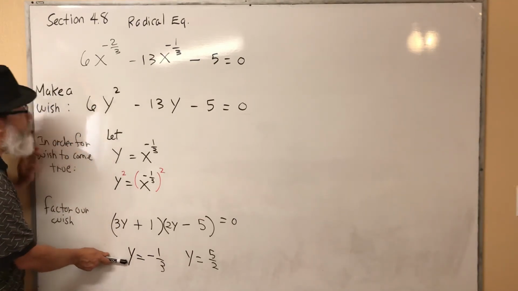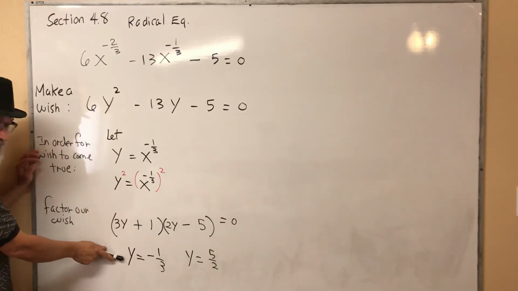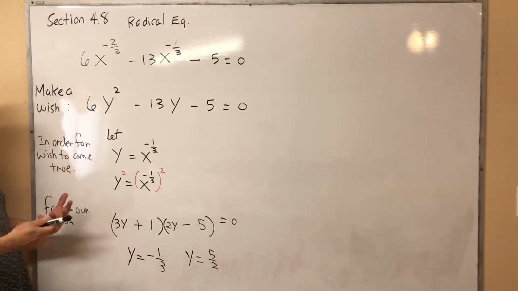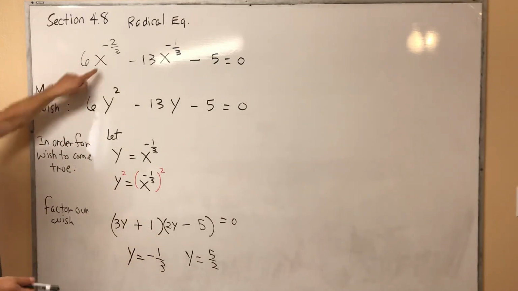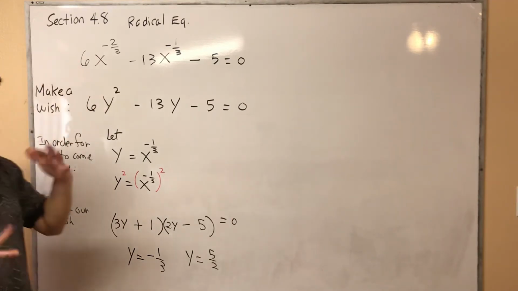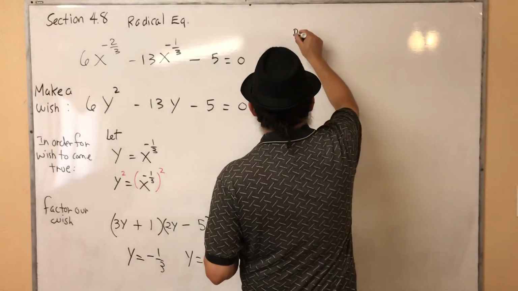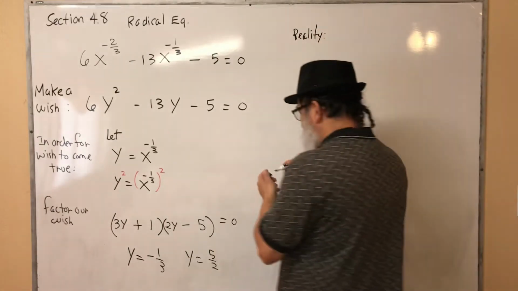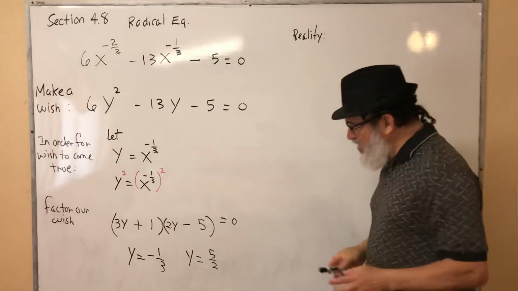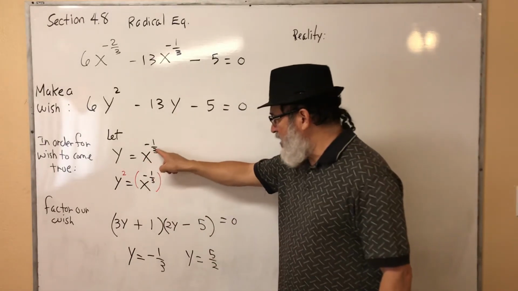But the original problem has x, and I just solved my wish. I have y. So I have to go back to reality. The reality is that I have to solve for x, not y. So let's go back to reality. The fact is that y equals x to the negative 1/3.